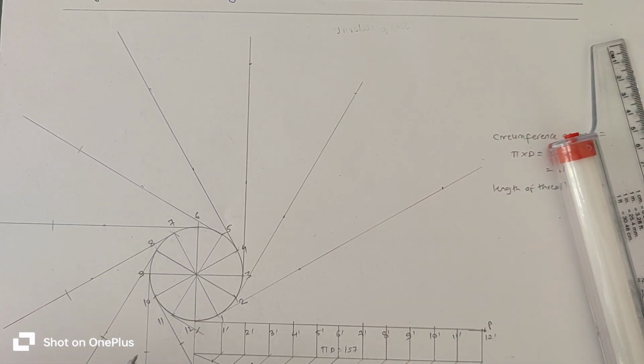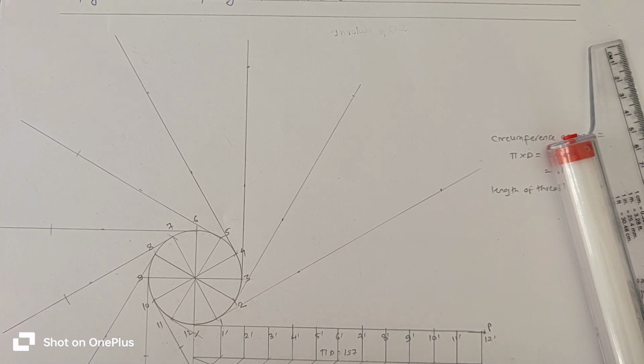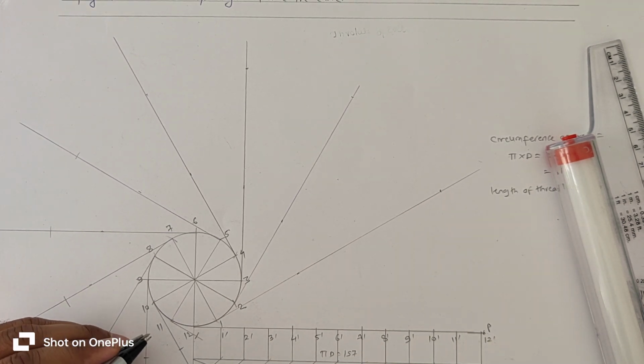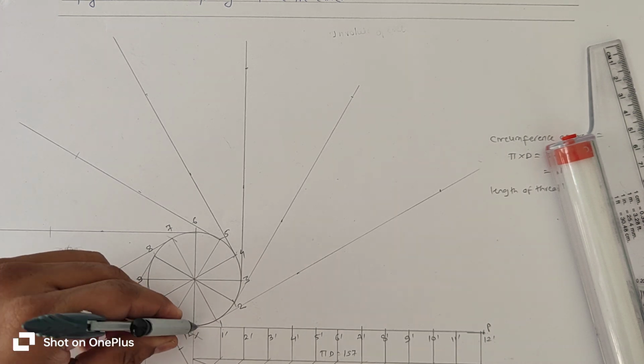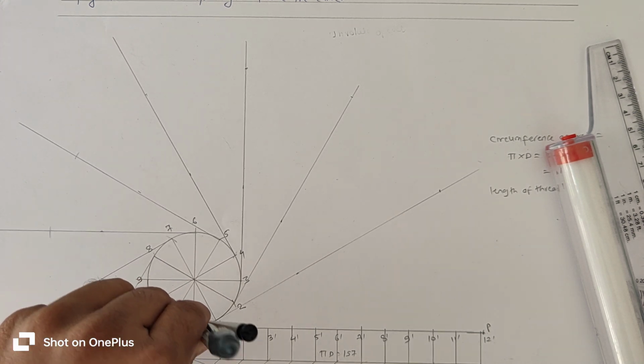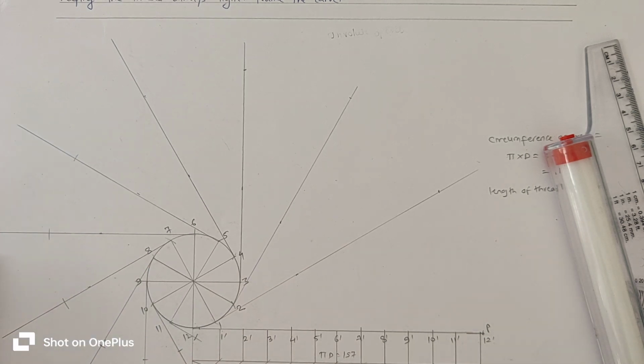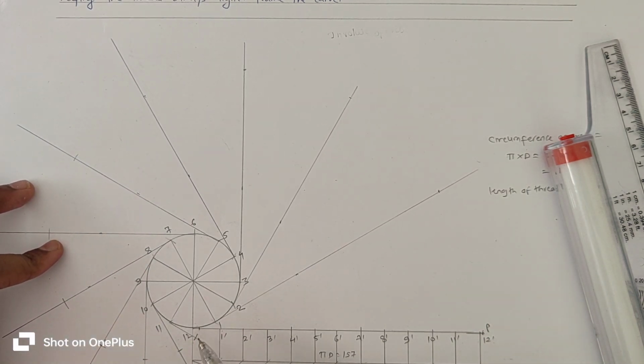So this distance is for 11. Then from 12 and also P there is a distance of 3 mm. Okay, so take 3 mm with the help of a scale or compass on this line, so the involute will end at this point.